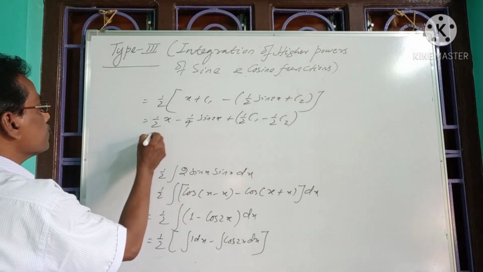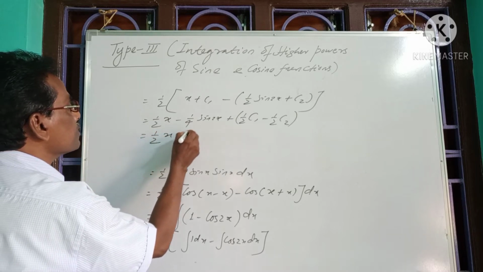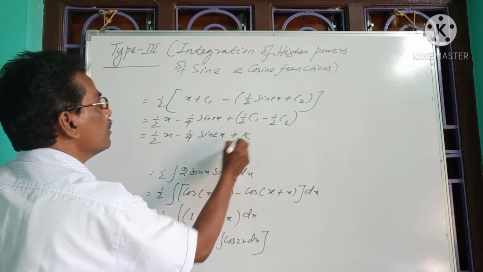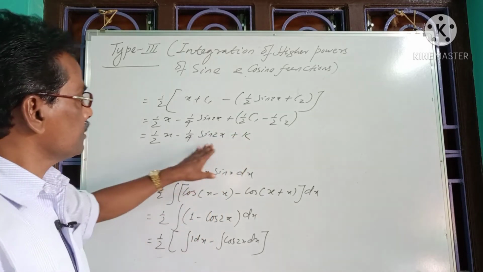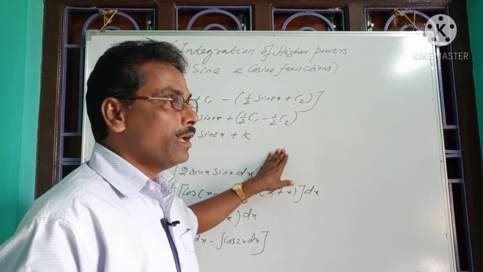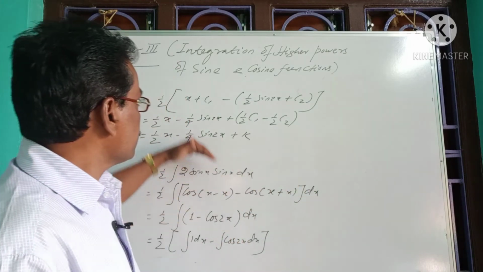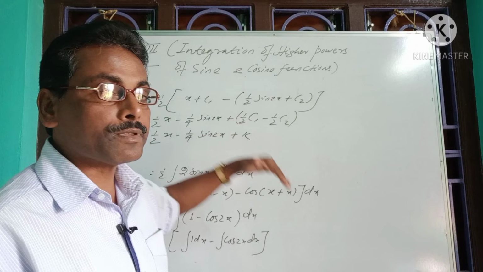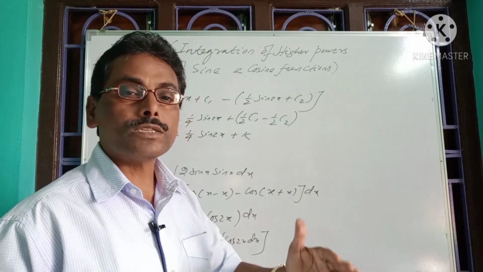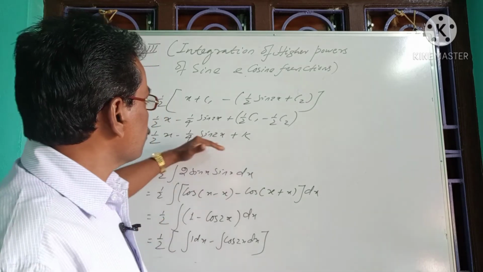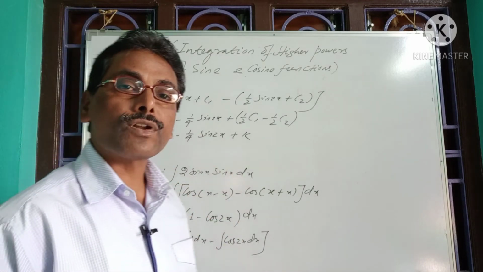Simplifying again, finally we get half into x minus 1 by 4 sin 2x plus k, in place of the constants of integration, where k is the constant of integration. So in order to integrate sin square x, we have applied two methods. In the first method and the second method, we got the same result. So sin square x can be integrated in two different ways. So the integration is over now.